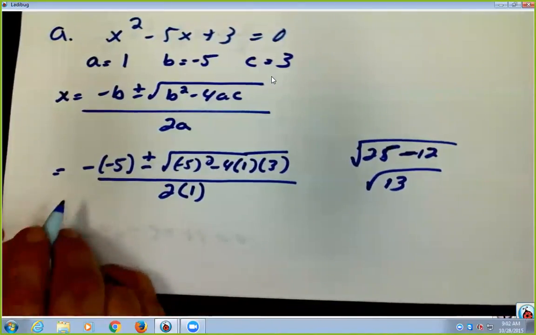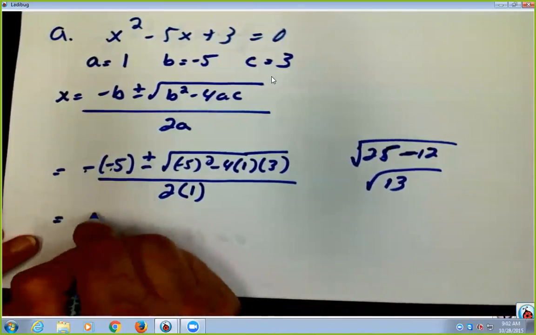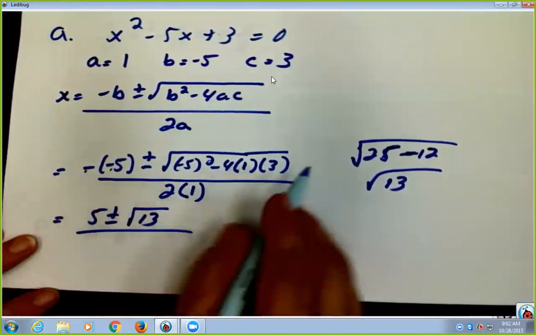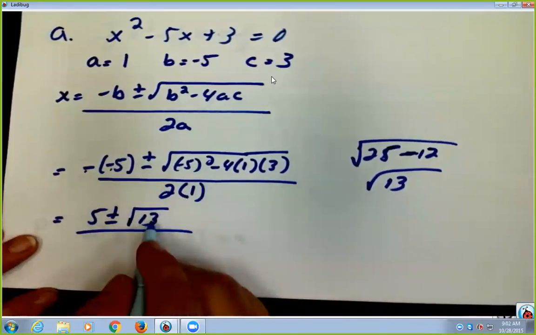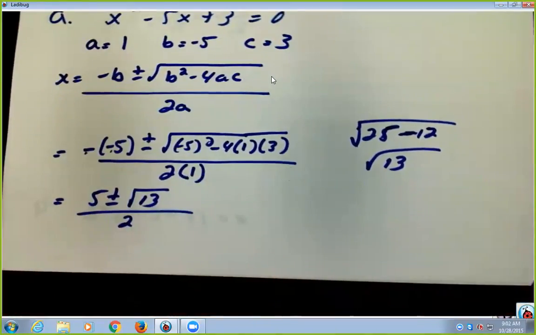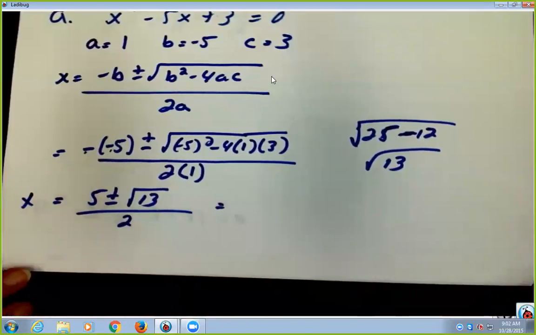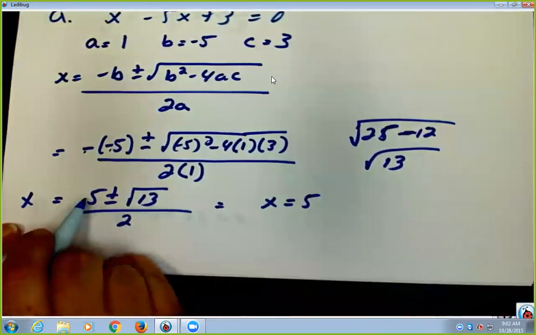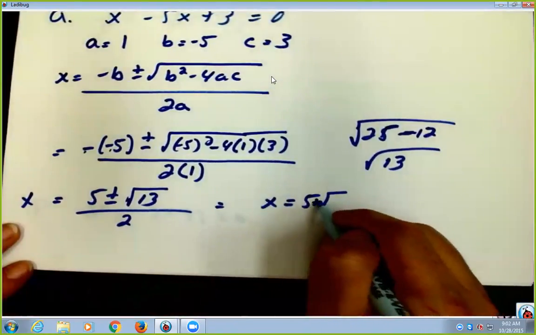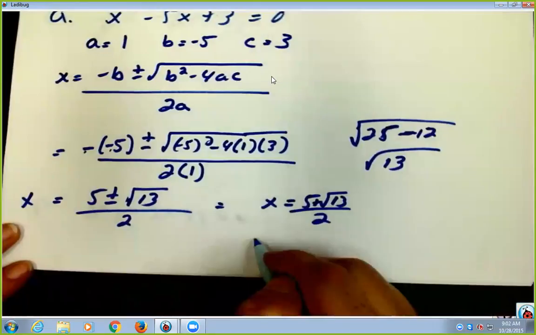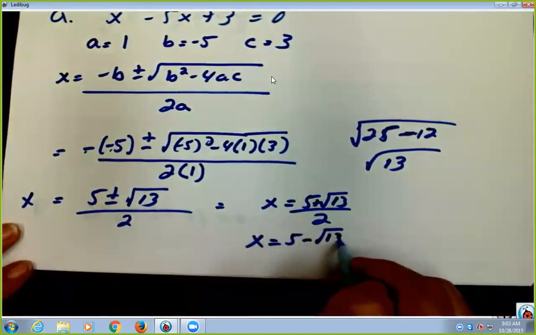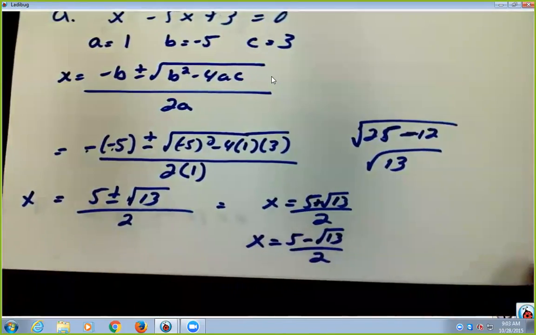So my final answer is a negative times a negative 5 is a positive 5. 13 was what came out inside of here, and in the bottom 2 times 1 is 2, and that's my final answer. So to get two pieces with this one, I have x is equal to 5 plus the square root of 13 over 2, and also x equals 5 minus the square root of 13 over 2.